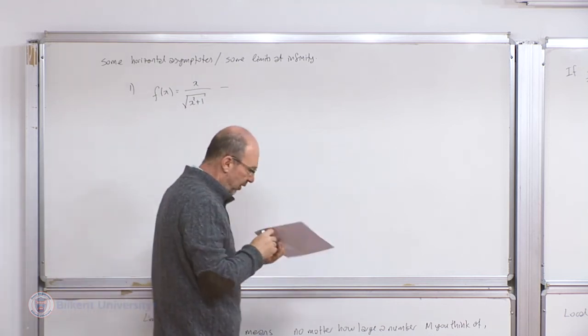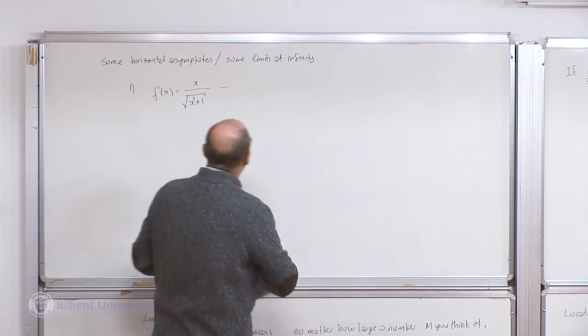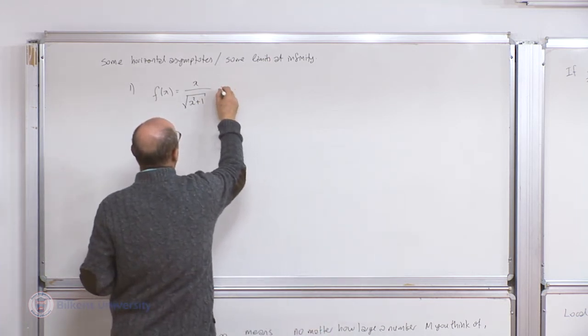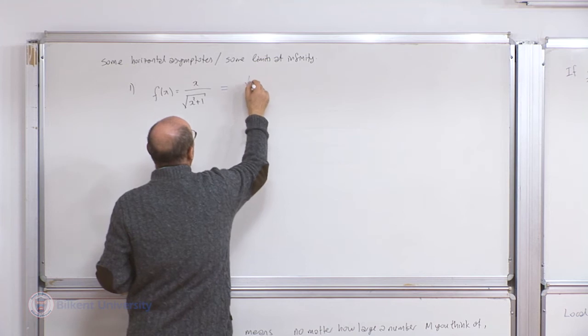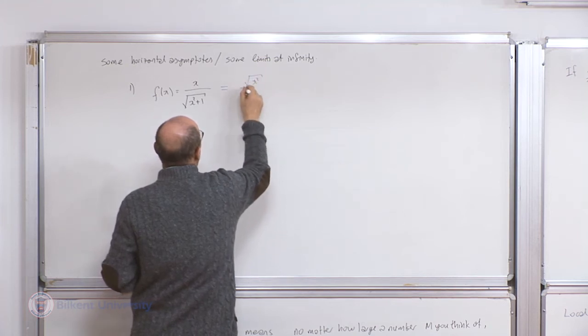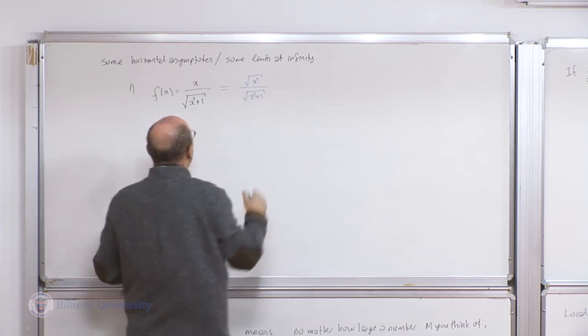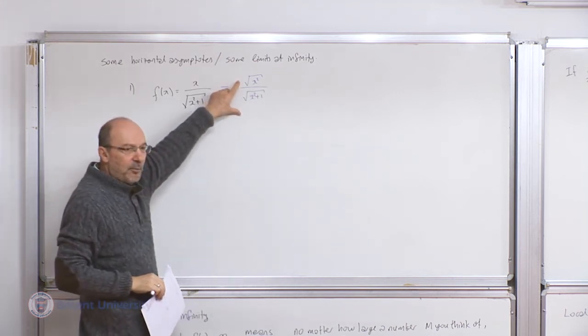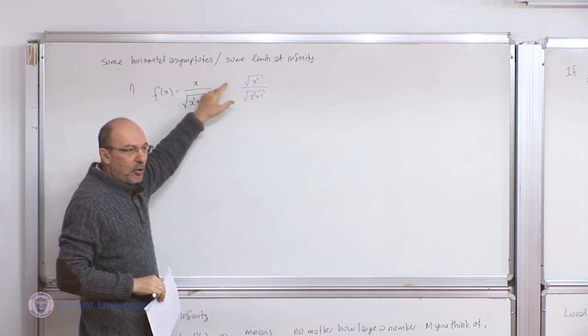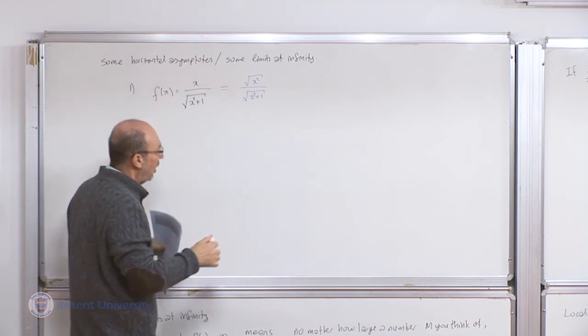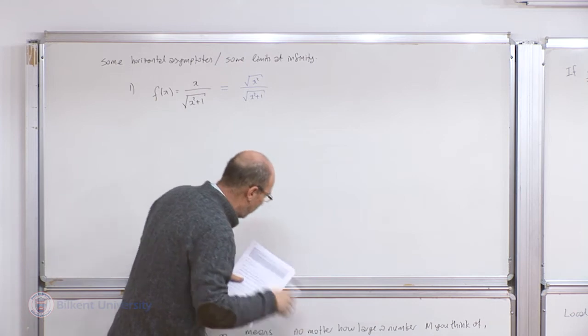So let me do this with different colors. This is the square root of x squared, and this is the square root of x squared plus 1. Now here I'm taking a positive root because I'll calculate.